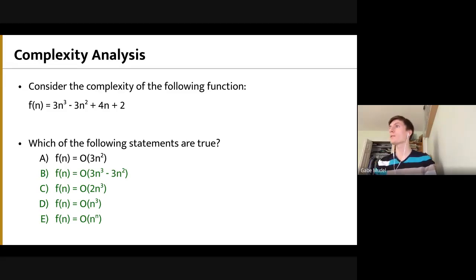There's a formal definition in 203 where you can prove stuff out, but for the sake of saving time and thinking about it intuitively, all that matters for big O notation, or big theta, big omega, is the scaling of the input. Let's say we have an input n and plug that into our function, and then also plug 2n into our function.